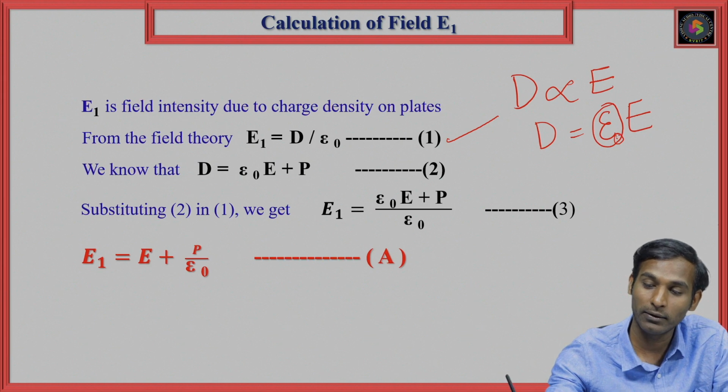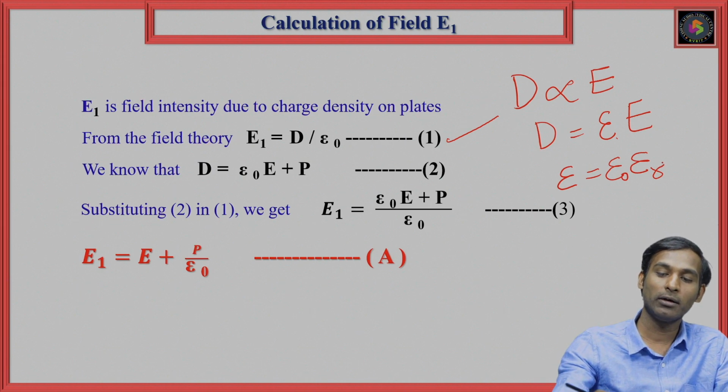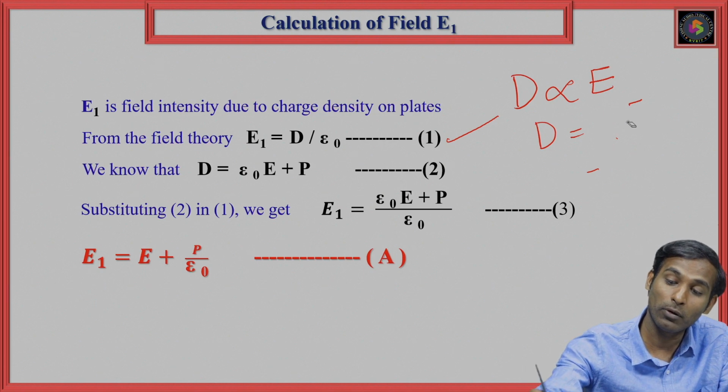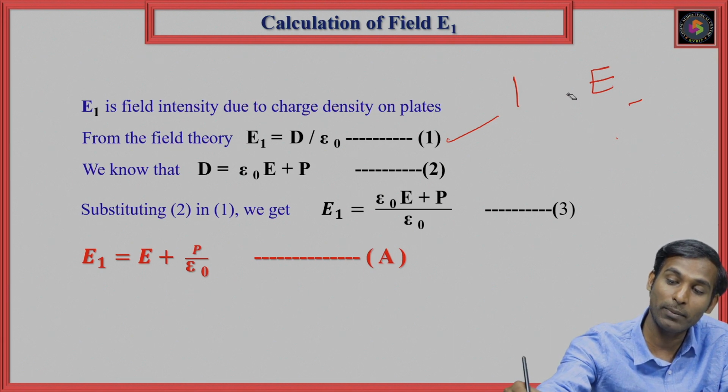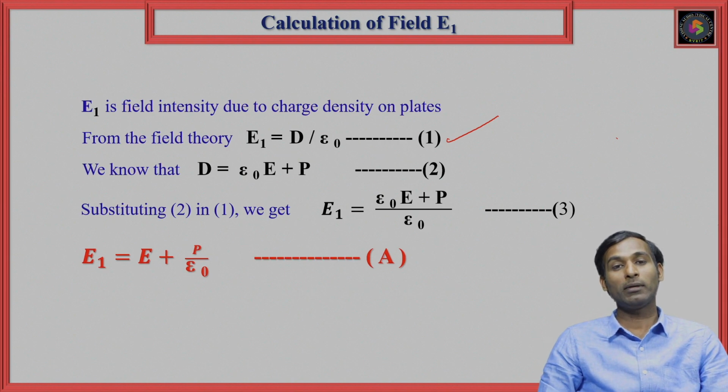Okay, now you can see in this equation, permittivity, that means dielectric constant, can be defined as permittivity of the free space into relative permittivity, right? This is said to be equation number 2. In equation 2, one more parameter is there. That parameter is said to be P. Why are we choosing P?